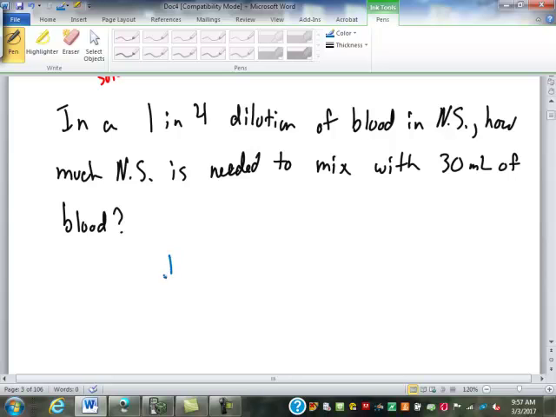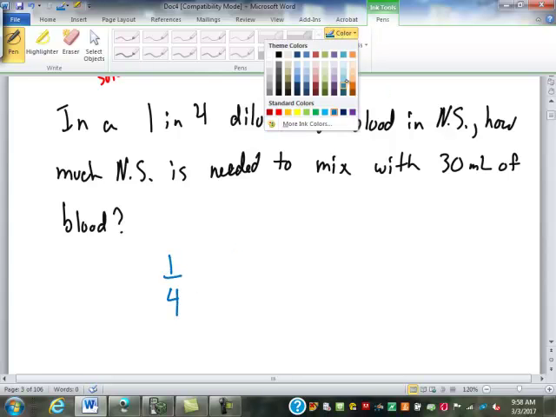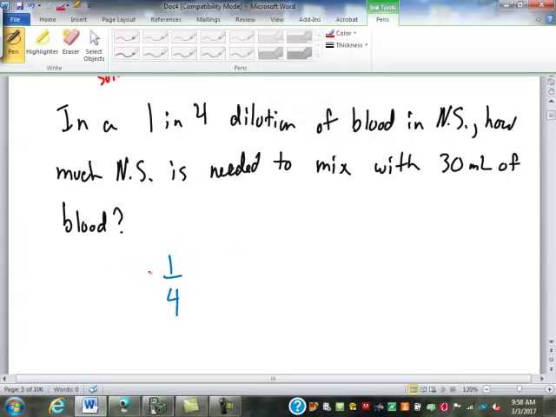So we've got the 1 in 4, that's our dilution. And of course the 1 is the serum, or in this case, the blood. The 4 is total parts again, so total solution.